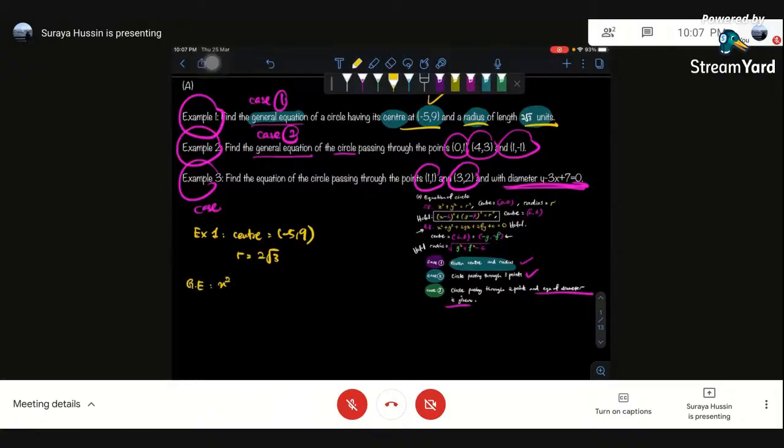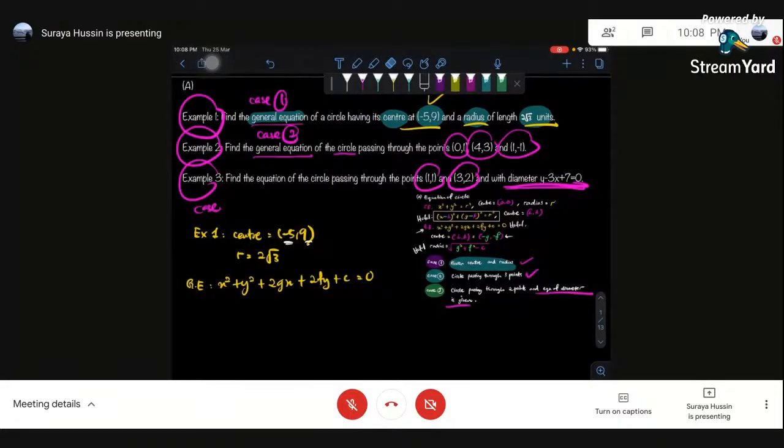You mesti ingat x squared plus y squared plus 2gx plus 2fy plus c equals to 0. So, what you know about here is the center dekat sini. Apa yang you tahu adalah you are given h and k, and you also know that this is negative g.